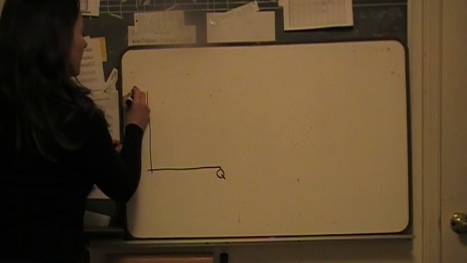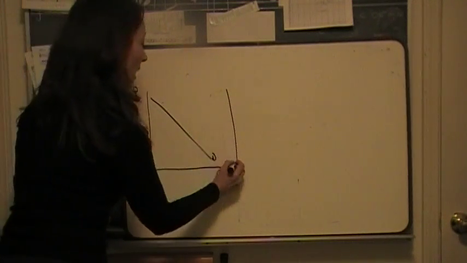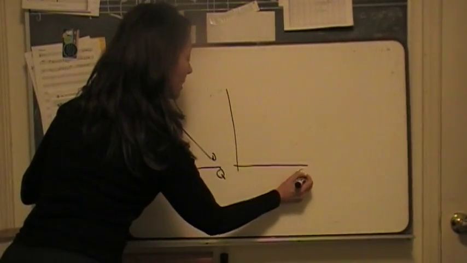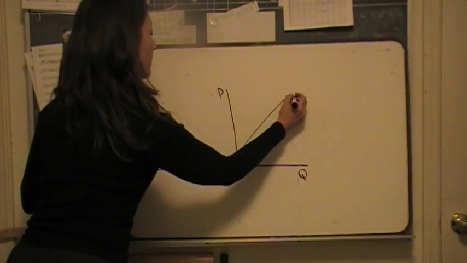Quantity and price. We're going to draw a demand curve, and I'm going to do quantity and price and draw a supply curve.